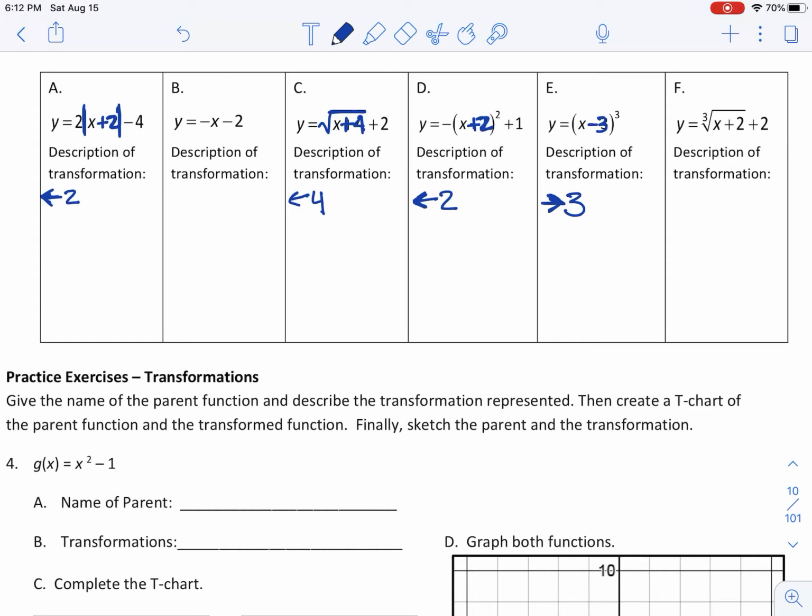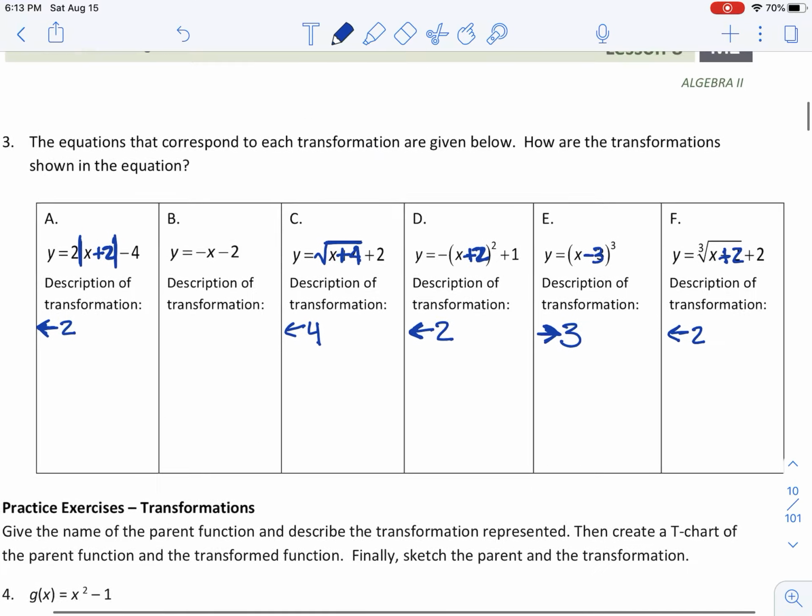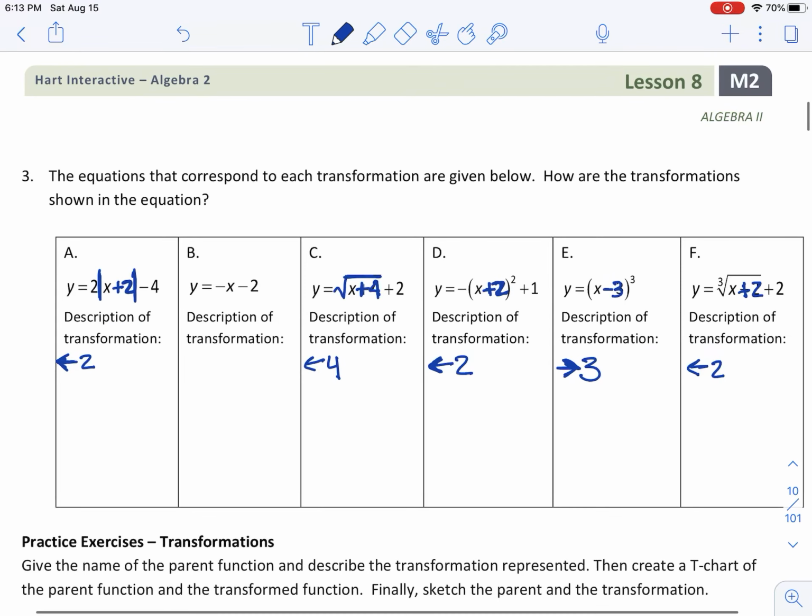Last, I have that cube root there. That cube root moves left 2 because of the +2 on the inside. Okay. I'm following the order of those transformation rules every single time.